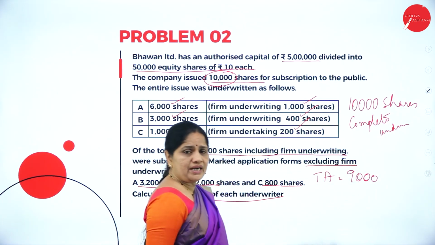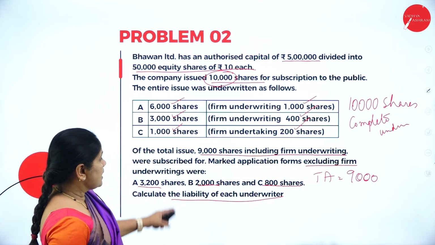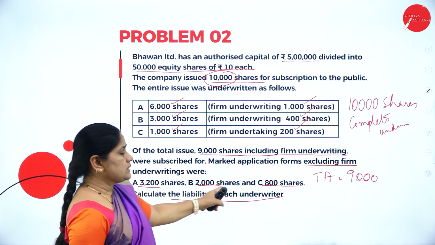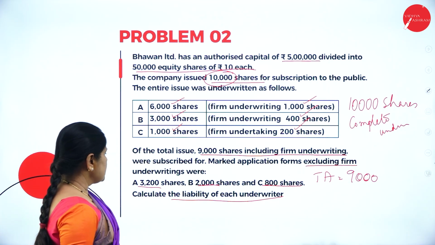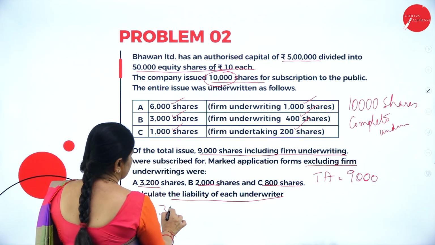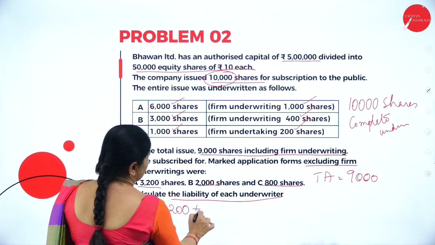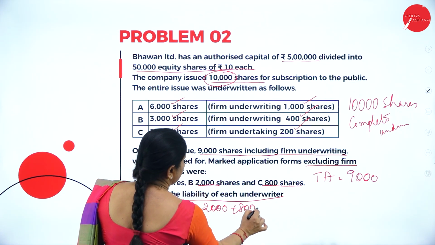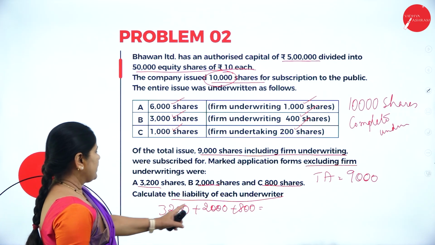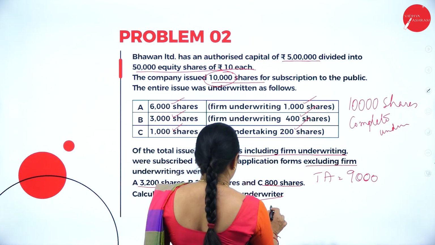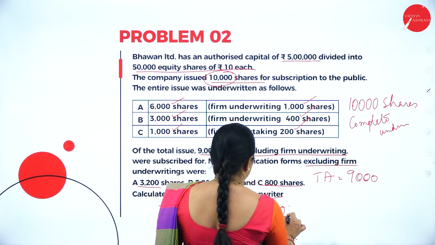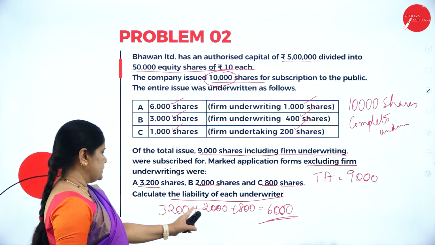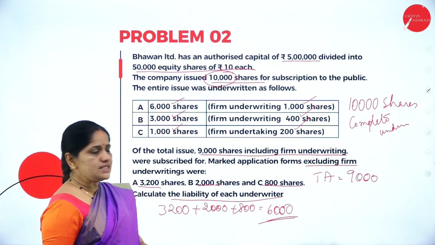It includes firm underwriting, and out of this, the marked application forms are 3,200, 2,000 and 800. So when you add 3,200 plus 2,000 plus 800, how much does it come up to? 5,200 plus 800, 6,000.